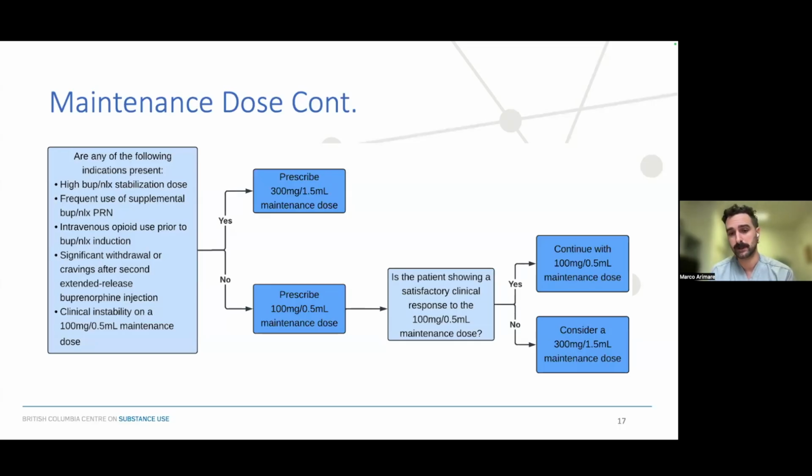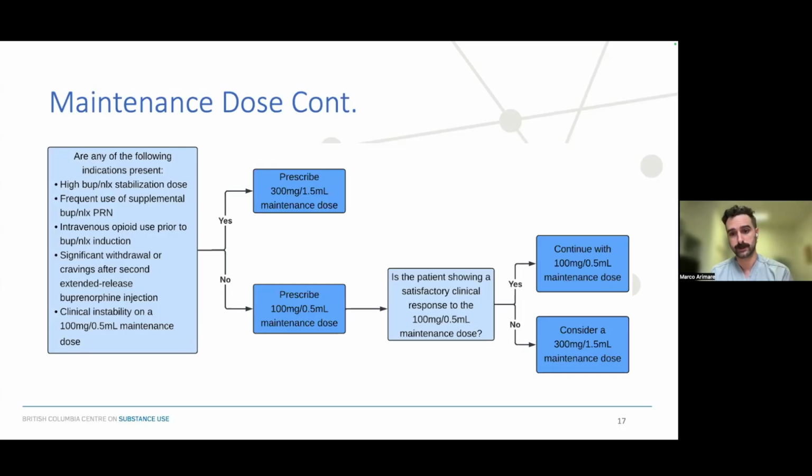And clinical instability may include clients missing appointments, experiencing withdrawal symptoms, returning to non-prescribed opioid use. If any of these factors are present, we should consider prescribing a 300 milligram dose.